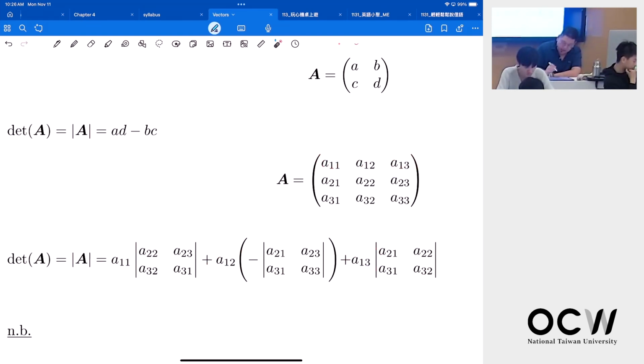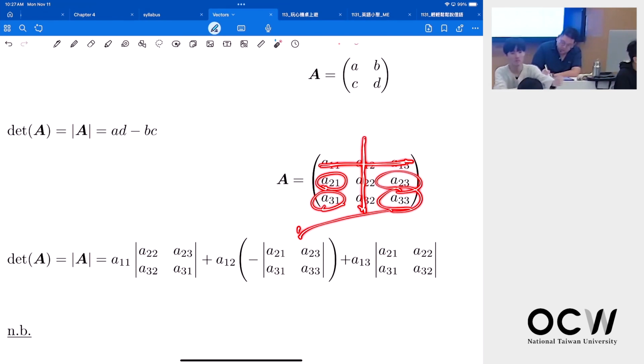If I choose the first element, then it corresponds to the rest here, and then I do the determinant. If I choose 8, 1, 2, then I will do this determinant of the rest. So cross out the corresponding row and column. The rest will be in your determinant.